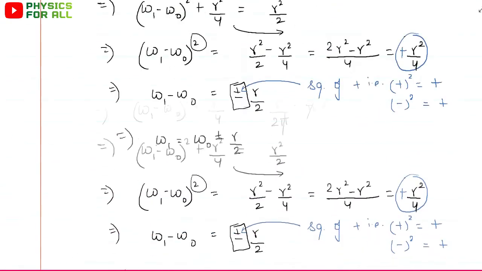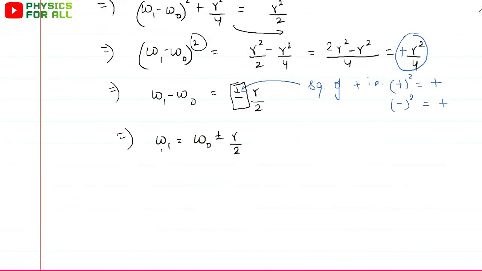Let's write down. So this implies we get one value, let it be omega 1 dash, which is omega naught plus gamma by 2, and the other one we can write omega 1 double dash, which is omega naught minus gamma by 2.